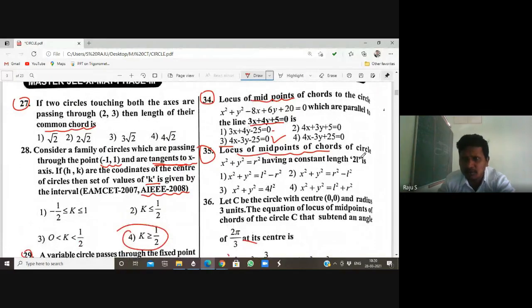The locus of the midpoint of the chord of the circle x square plus y square is equal to r square, having constant length 2L, is the locus of again midpoint.